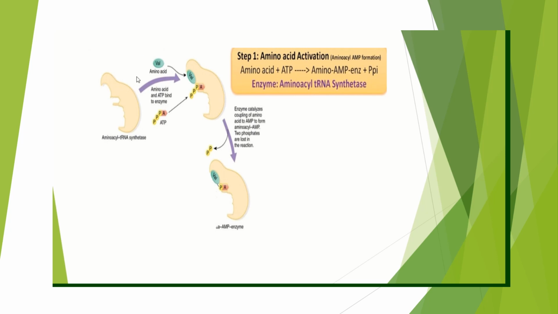Here you can see the aminoacyl tRNA synthetase and the amino acid valine and then the ATP, and this enzyme joins this valine amino acid with ATP, forming aminoacyl AMP with the release of two phosphates, or pyrophosphate.